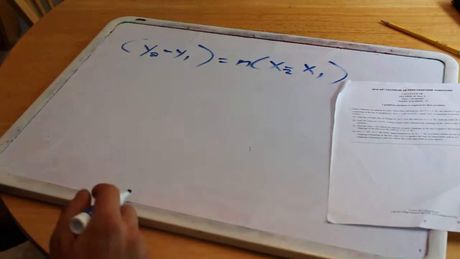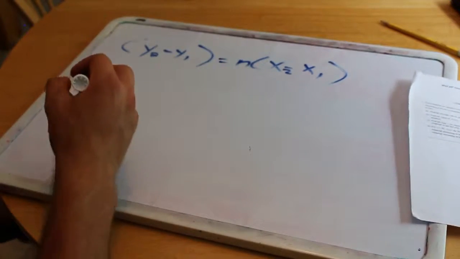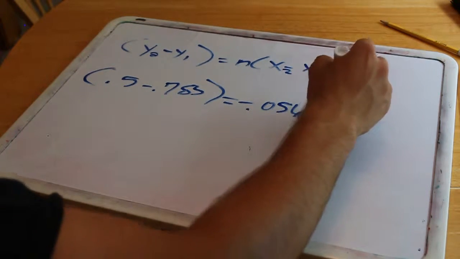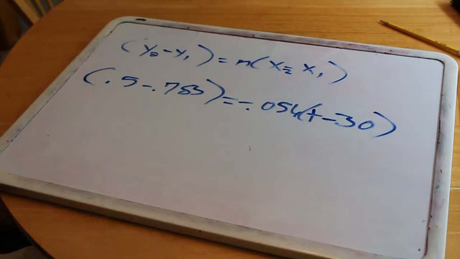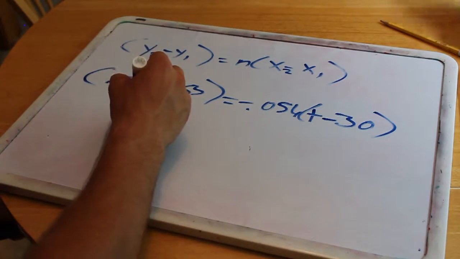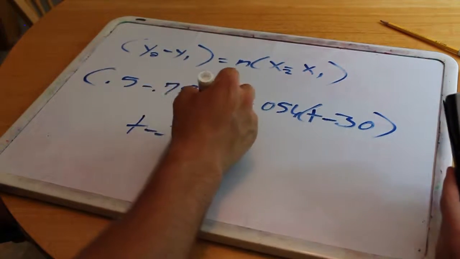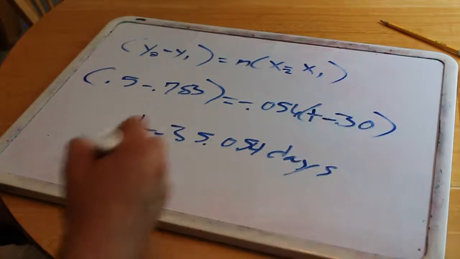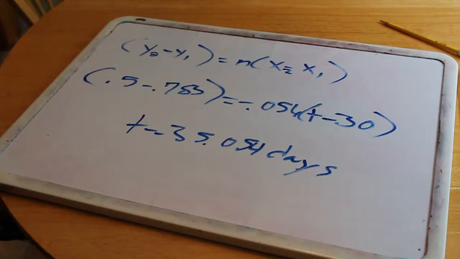Now we're going to sub in the values that we already have, and we're going to have to solve for x, in this problem t. So if you toss that in your calculator and solve for t, we're going to get t equals 35.054 days. Oh, yep. Awesome.